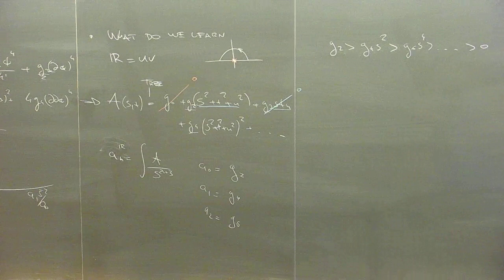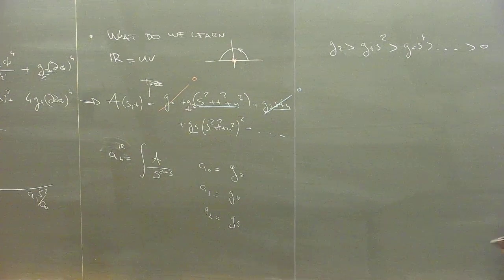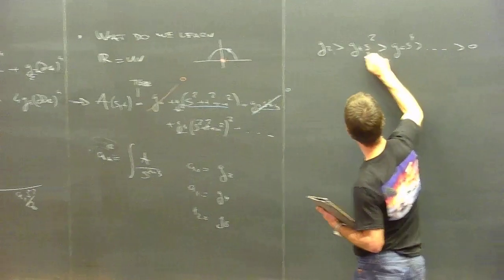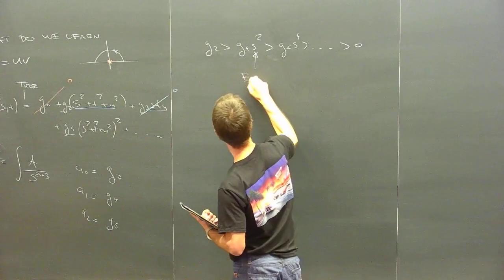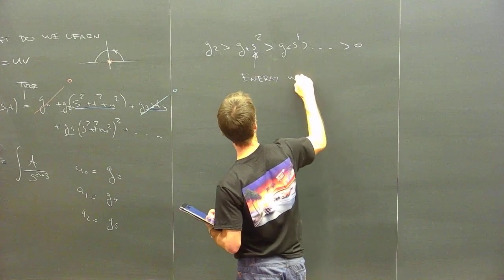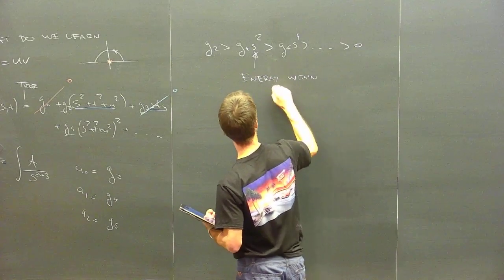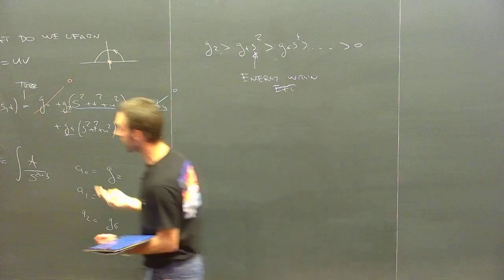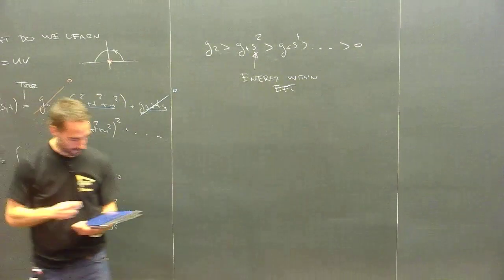So they're organized in a strictly decreasing way in units of the energy, which is an energy within the effective field theory. Because that's where I can use these ansatzes, okay?